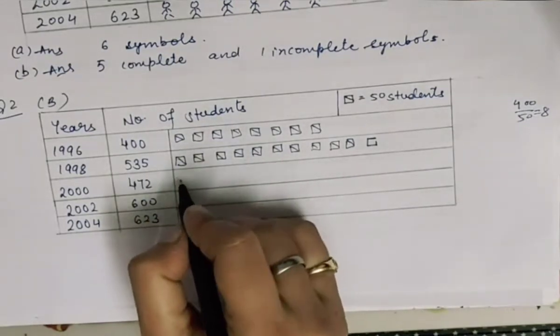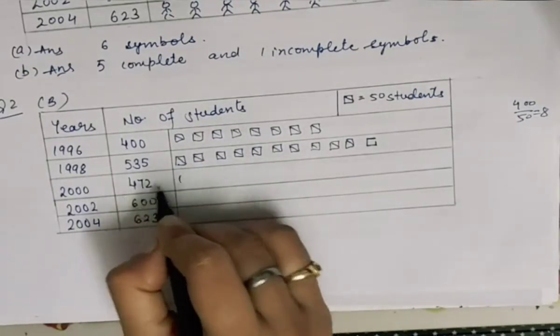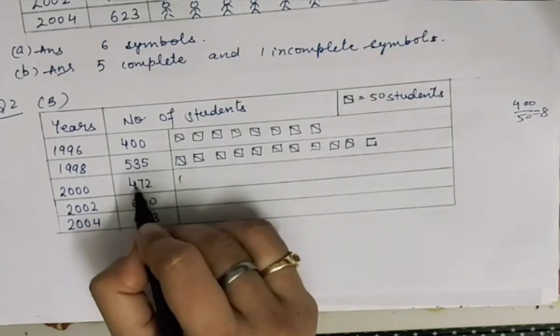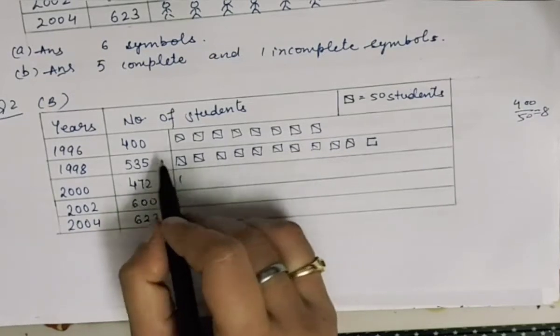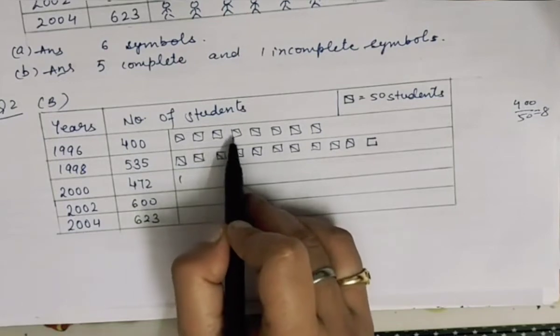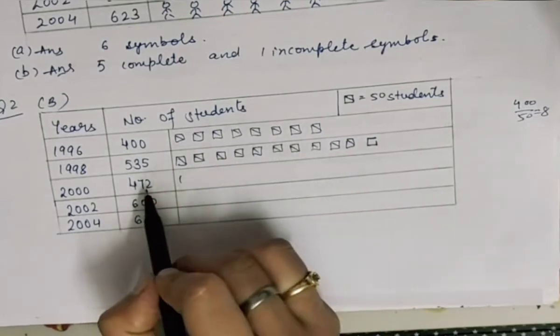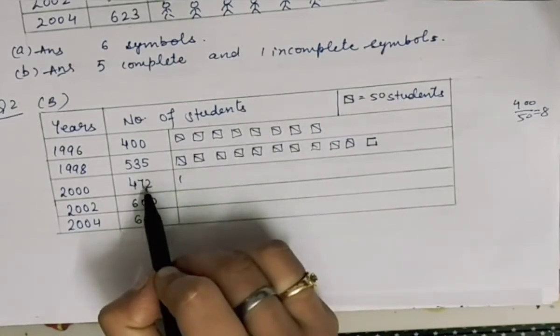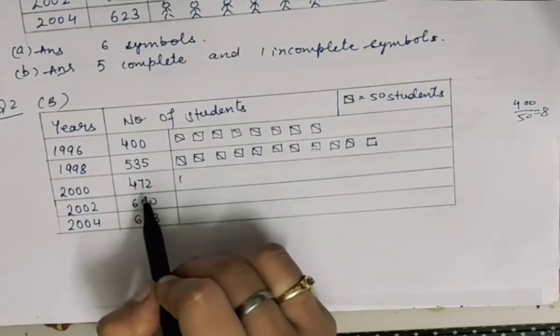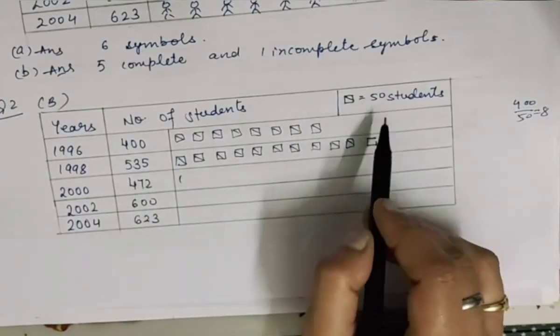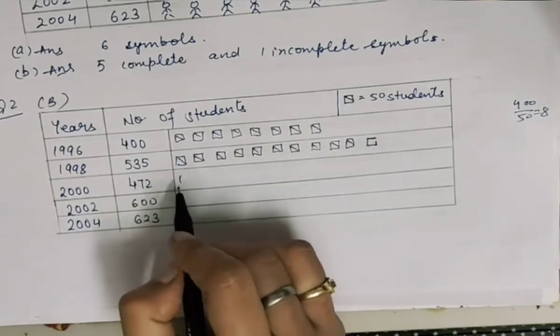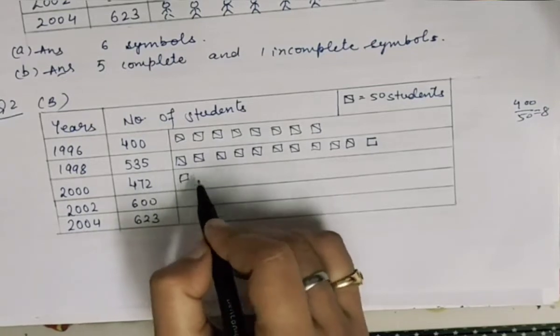After that, 472. So for 400 we need to draw 8 symbols as we have drawn here, and 72 more. Even for 450 we can draw, because each symbol represents 50 students. So we can draw 9 symbols and then a little bit more.